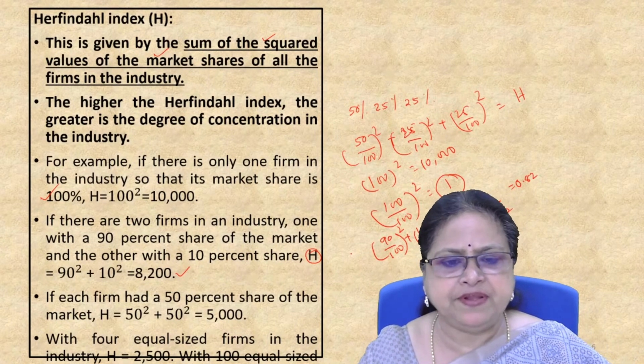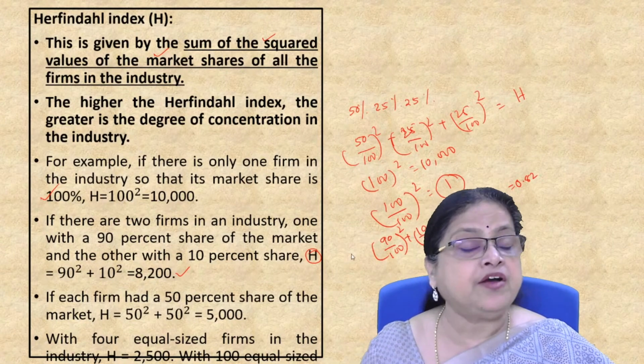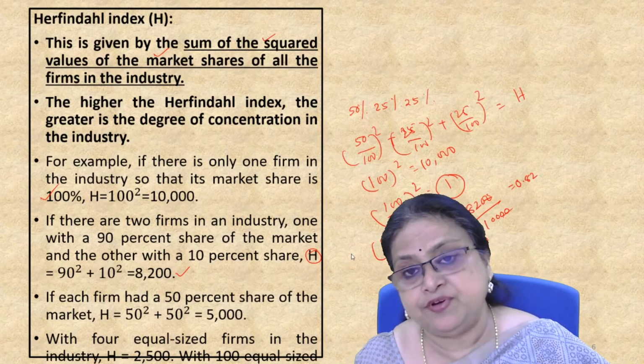If each firm had a 50% share, then 5,000, that is the Herfindahl index will be 0.5 or 50%.